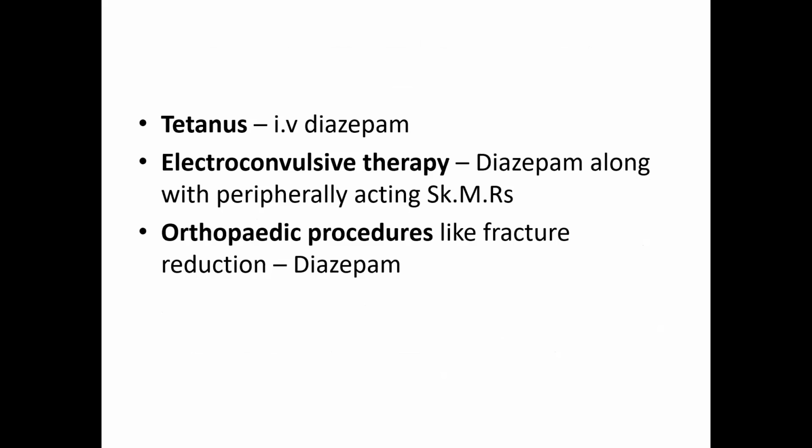They are used in electroconvulsive therapy, especially diazepam, along with peripherally acting muscle relaxants like pancuronium, rocuronium. And they are also used for orthopedic procedures like fracture reduction, especially diazepam.